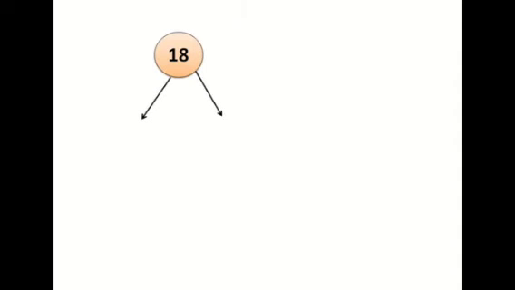So draw 2 arrows from 18. At the end of the arrows you write 3 and 6. 3 is a prime number, so we are not going to factorize, but 6 is a composite number. We can split it into 2 threes. So another 2 arrows.